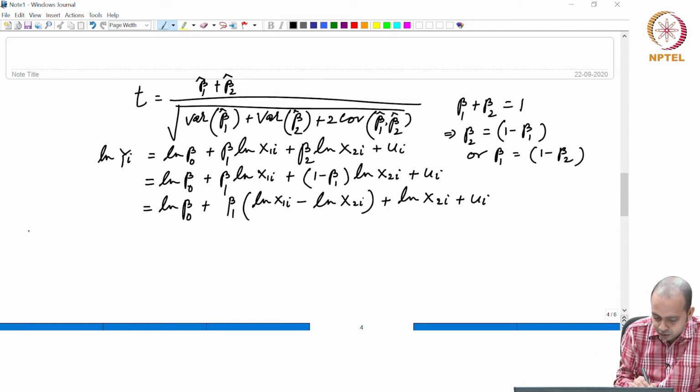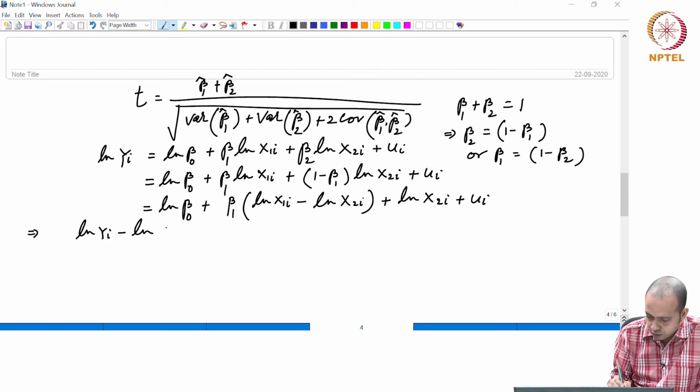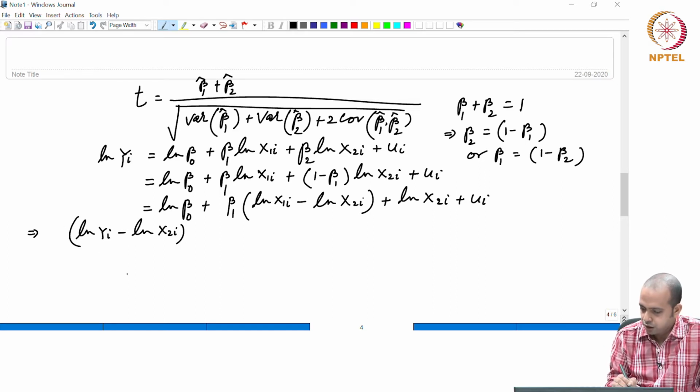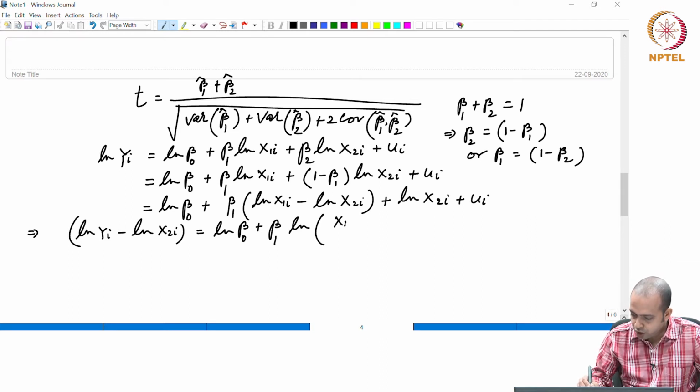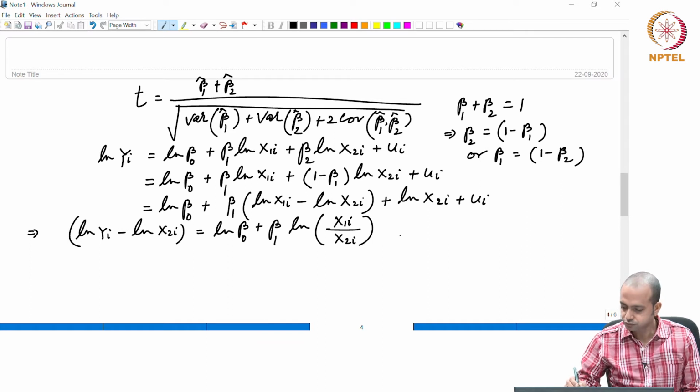So, that will make log of y i minus log of x 2 i equals log of beta 0 plus beta 1 log of x 1 i divided by x 2 i plus ui.